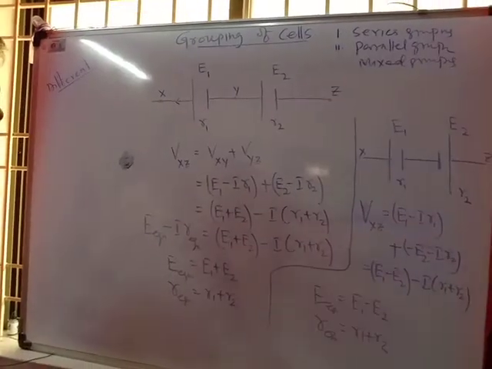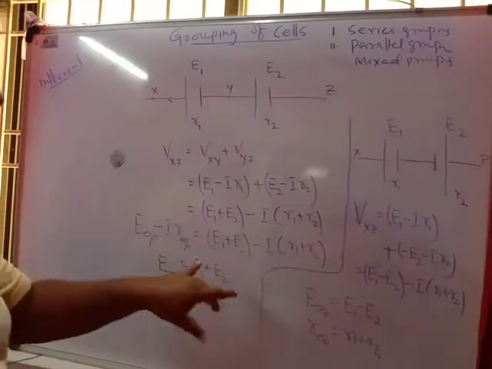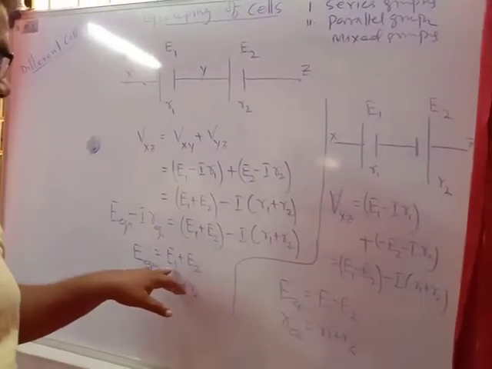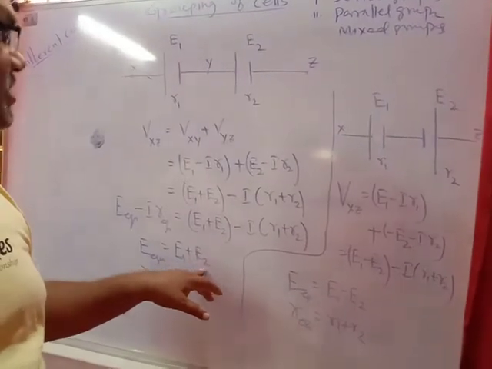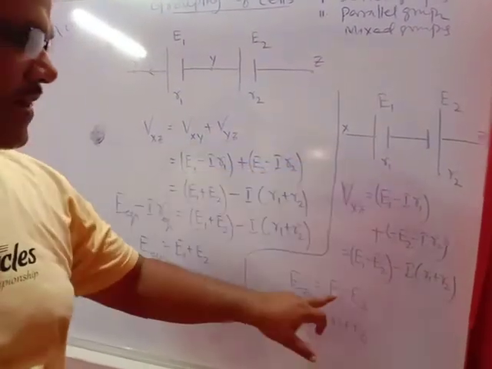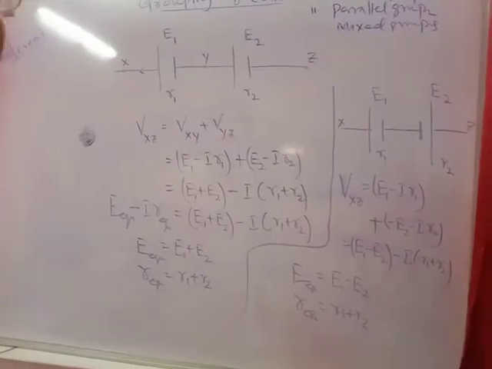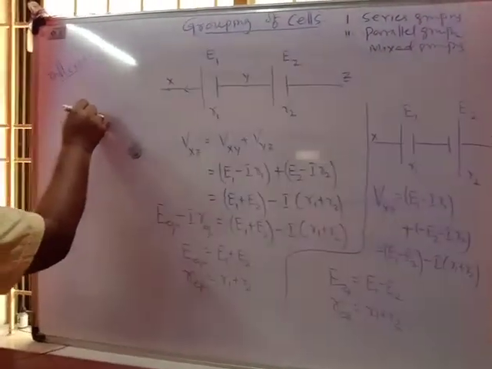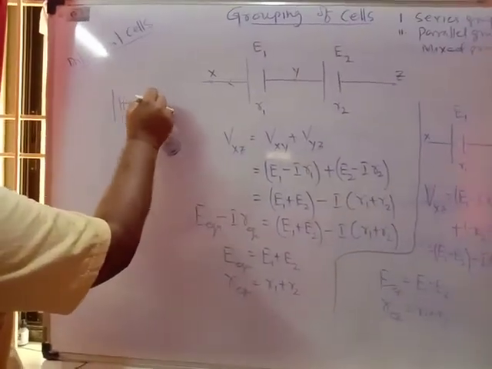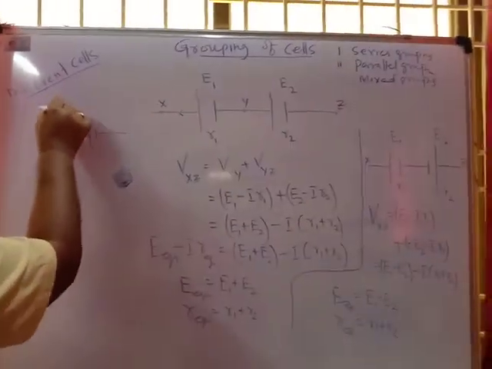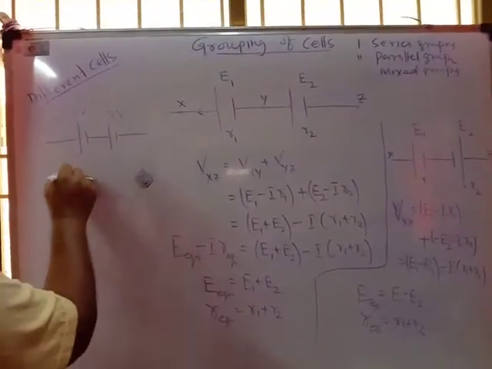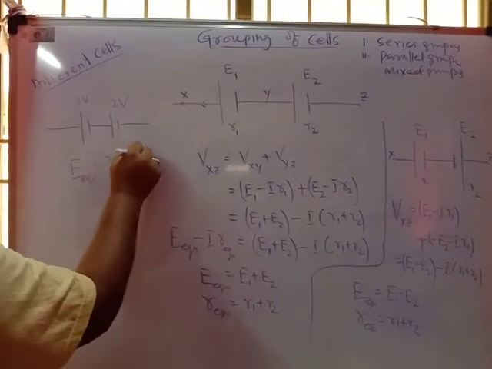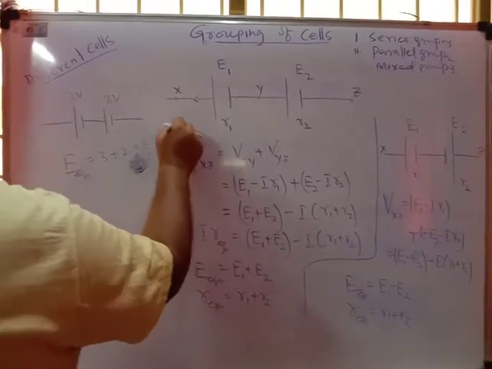It will be the same, R1 plus R2, but as the polarities change, the net EMF will be E1 plus E2 in one case, and E1 minus E2 in the other. In the same manner, if your cells are 3 volt and 2 volt, the net equivalent will be 3 plus 2 equals 5 volt. Directly you can do it in this manner.